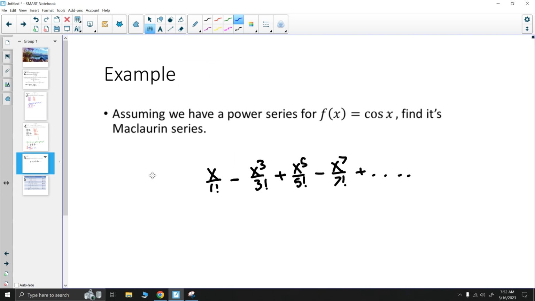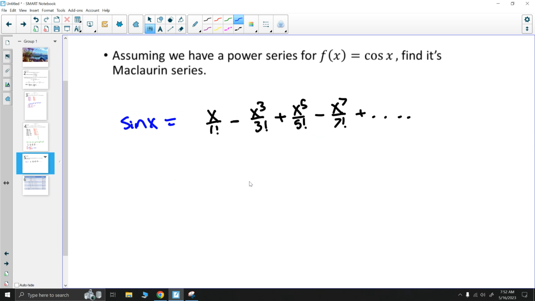As its Taylor polynomial. So sine of x is equal to this. Now, the derivative of sine x is equal to cosine x, then that means that we can differentiate this series and get cosine x.